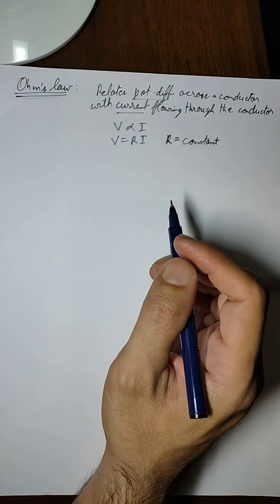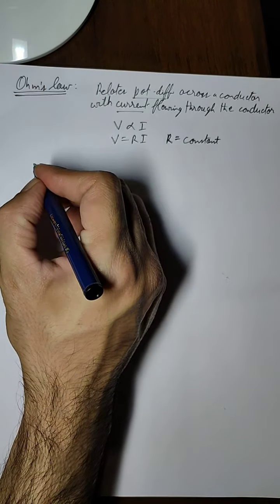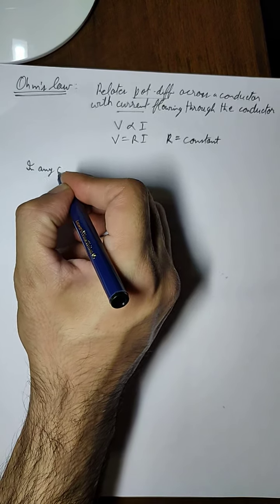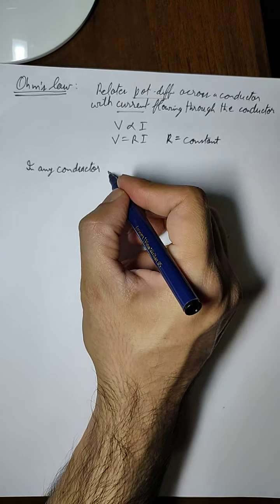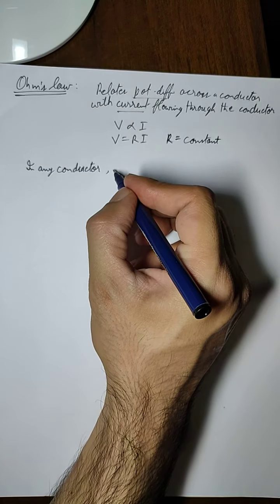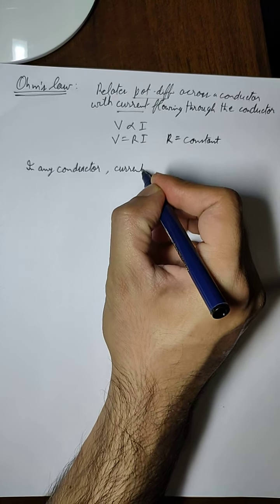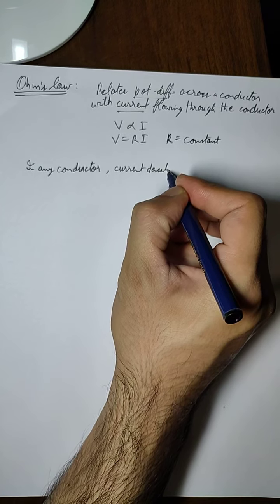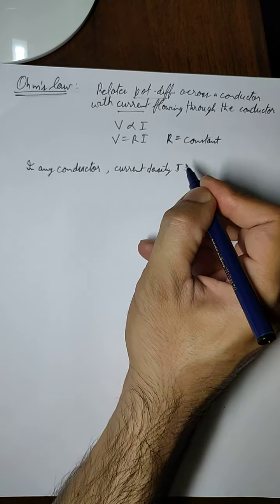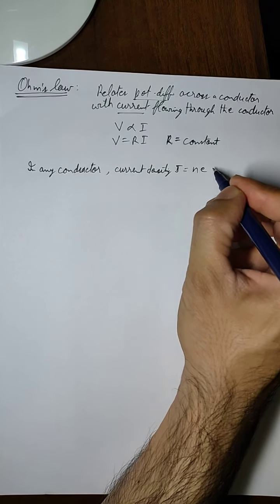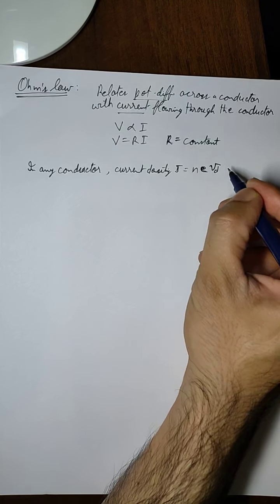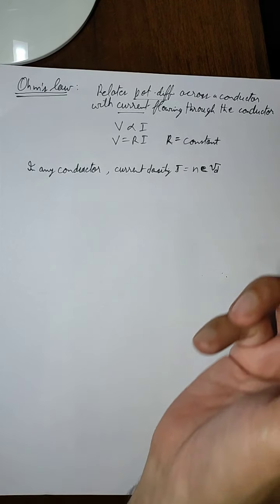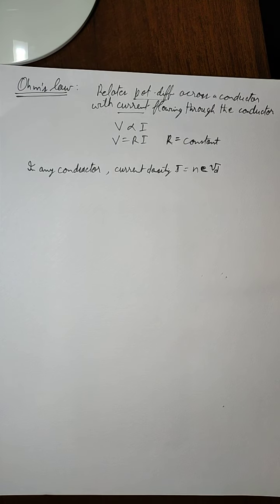Now let us say that in any conductor, the current density J will be given by N e Vd, where N is the number of electrons, e is the charge on each electron, and Vd is the average drift velocity of the electrons.